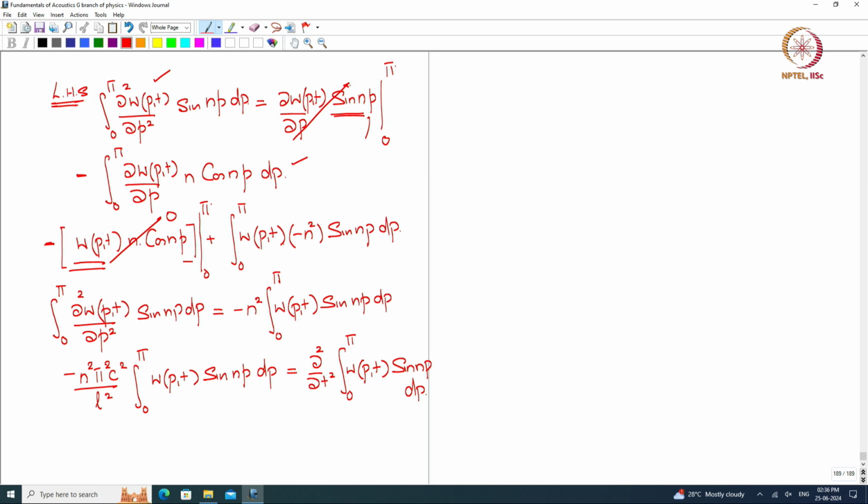Now we have already defined w of n comma t as the integral 0 to pi of w of p comma t sine np dp.